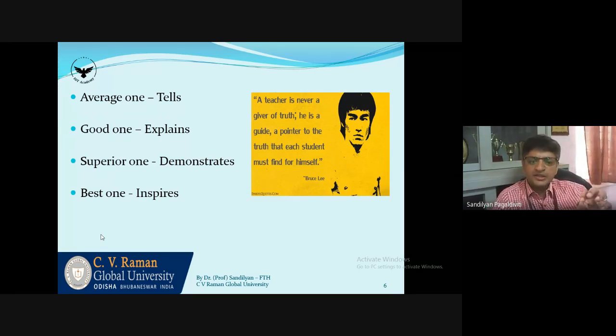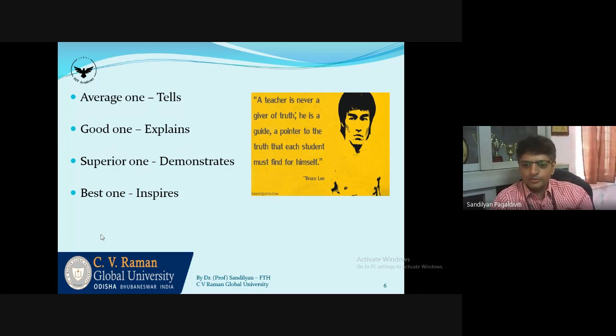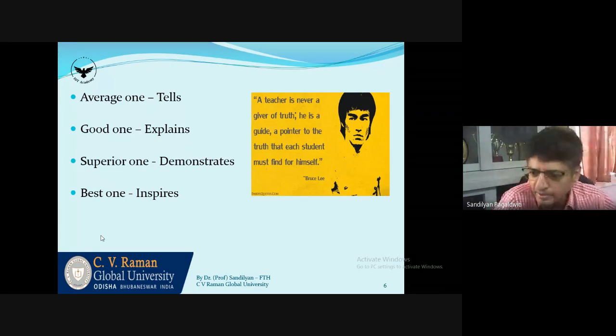So no teacher can tell you this is the truth. They can only point you in the direction, and you have to travel and find the truth for yourself. So my suggestion to all the participants here is, don't try to give fixed ideas to your students. Encourage them to follow their thoughts, be the light, and give them direction. Let them choose for themselves. Can we move on to the next slide, ma'am?